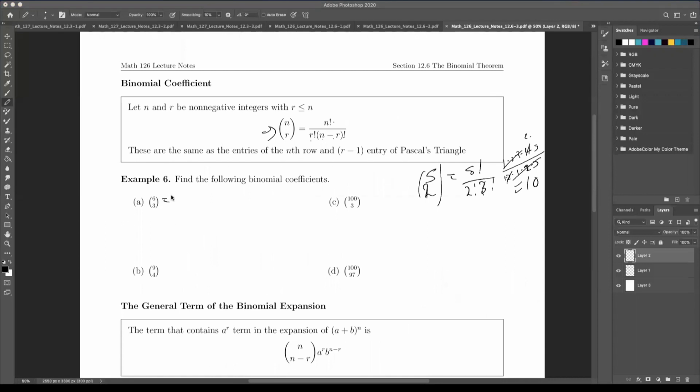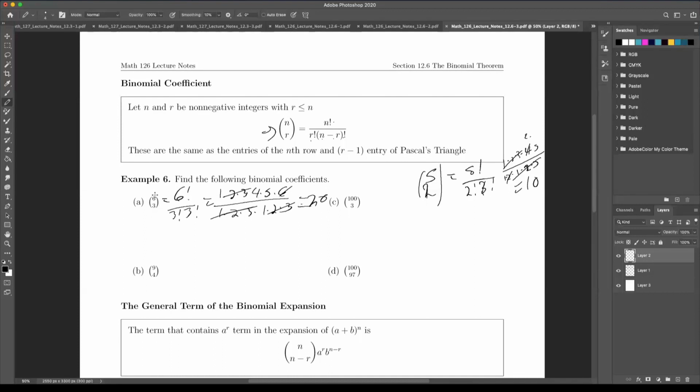Here we're going to have 6 factorial over 3 factorial, and 6 minus 3 factorial is 3 factorial. So we have 1 times 2 times 3 times 4 times 5 times 6, all over 1 times 2 times 3 times 1 times 2 times 3. To simplify, we just cancel these out. 2 times 3 equals 6, so I have 4 times 5, which is 20.